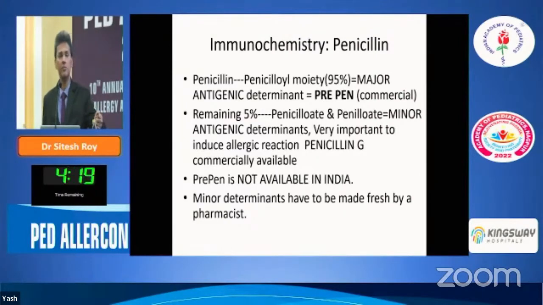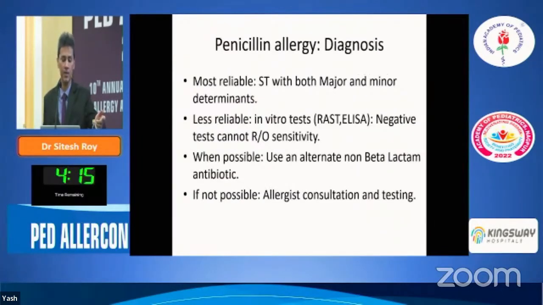The minor determinants have to be made fresh every time you're going to test for it. And it's most reliable when you have tested with the Pre-Pen and with the minor determinants that you can say with 99% certainty that a person doesn't have a reaction. Now, what we do is only with PenG because that's all we have available.